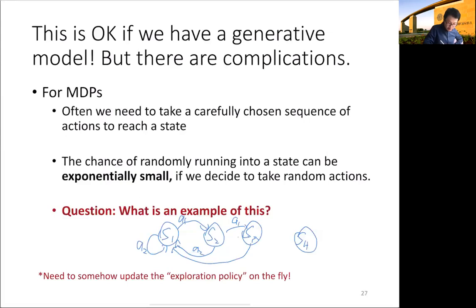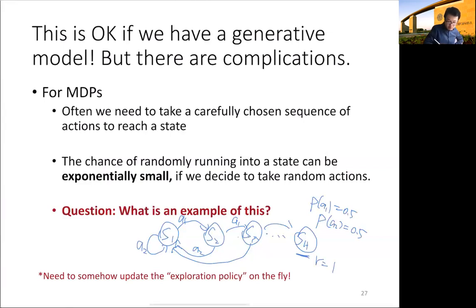If you do this and then you take uniformly random actions, say P of A1 is 0.5, P of A2 is also equal to 0.5, then consider the probability for you to reach the final state SH. Maybe this SH is the only state that comes with non-zero reward.